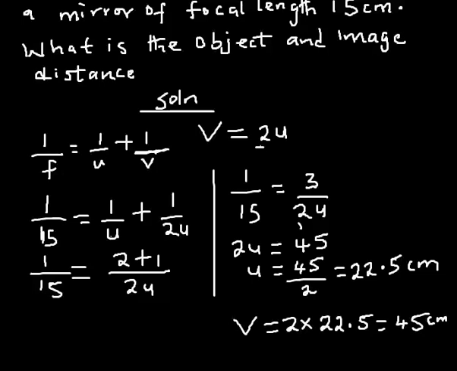Okay, so I have another question here. It goes this way. An object is placed 30 cm from a concave mirror. I will only write the parameters this time around. That means u is 30 cm.